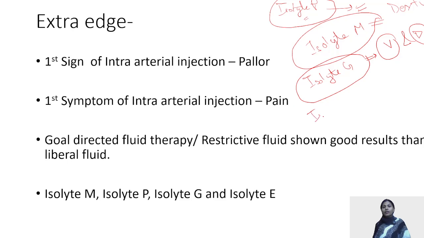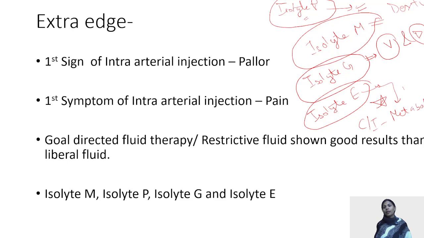Last is Isolyte E. E stands for extracellular compartment. These fluids are generally used when we have volume deficit. But one star question here is that Isolyte E is always contraindicated in the cases of metabolic alkalosis.